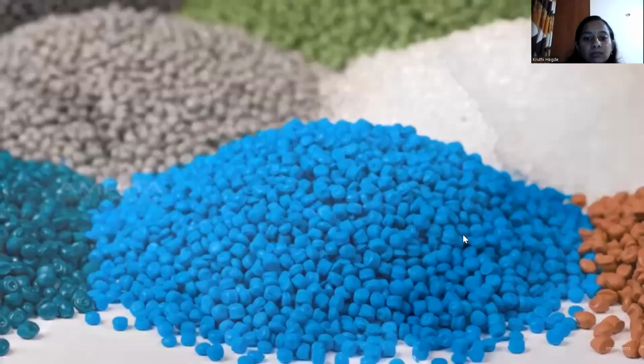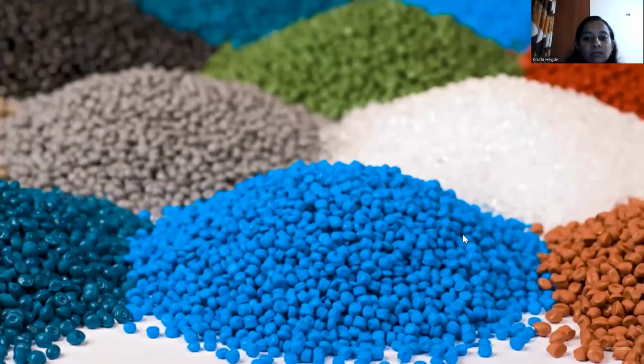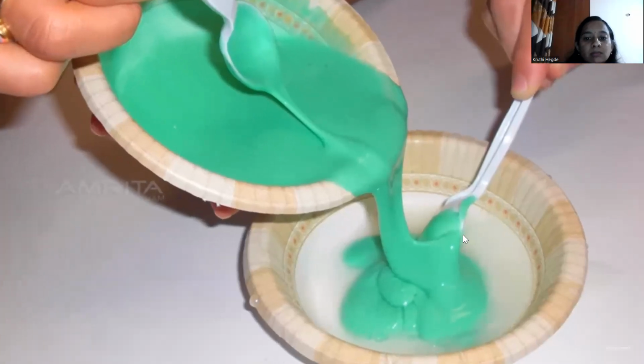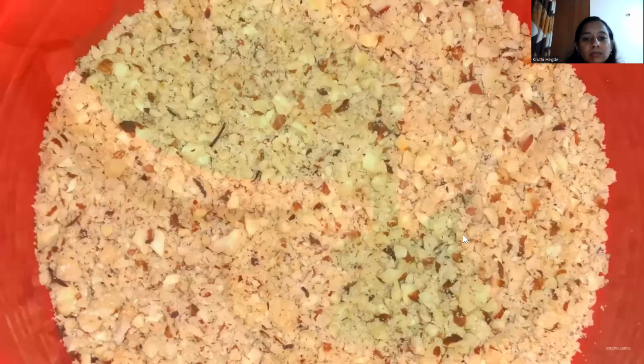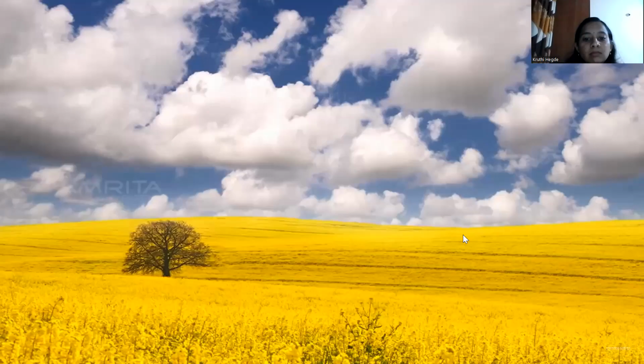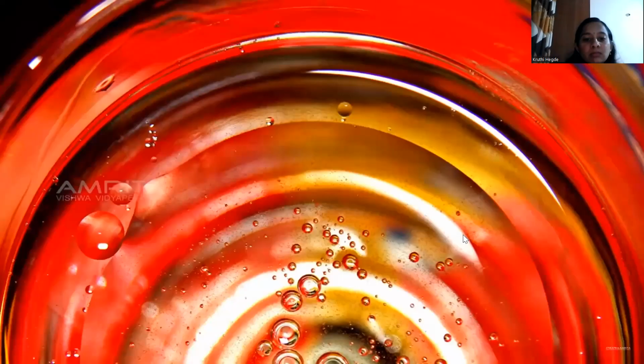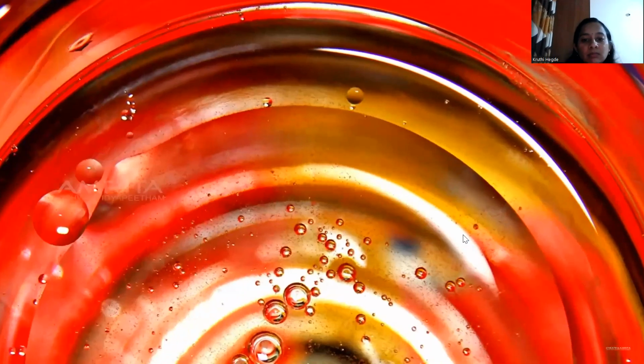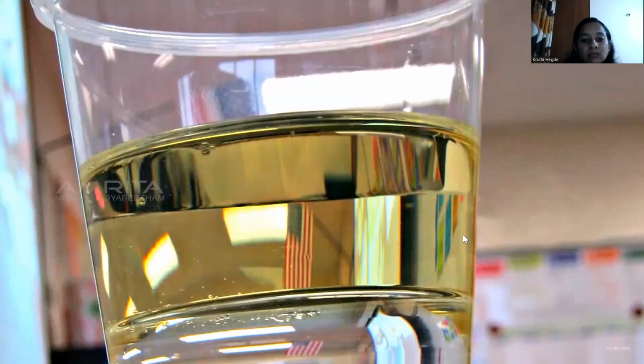Most of the matter around us is a mixture of two or more components. Mixtures are either homogeneous or heterogeneous. Homogeneous mixtures are uniform in composition like air, and heterogeneous mixtures are not uniform in composition like oil in water.